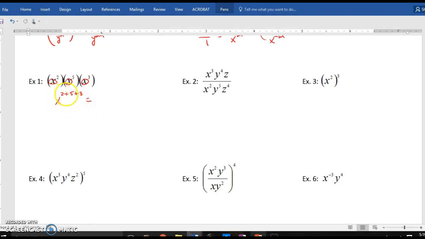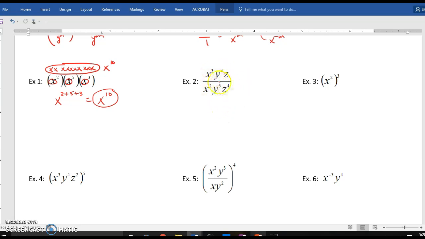So this would give me x to the 2 plus 5 is 7 plus 3. This is equivalent to x to the 10th power. Now, I used to like to tell kids I multiplied 2 x's here, I'd have 5 x's here, and I have 3 x's here. How many total x's am I multiplying? X to the 10th. So either way you look at it, it's the same thing.